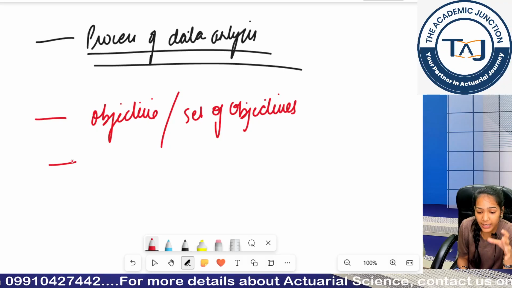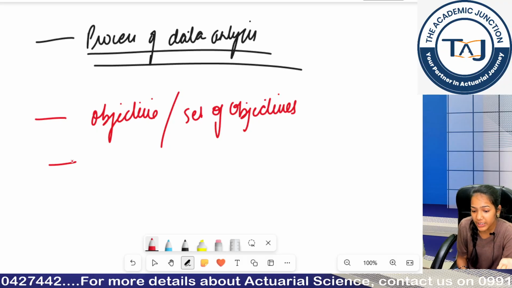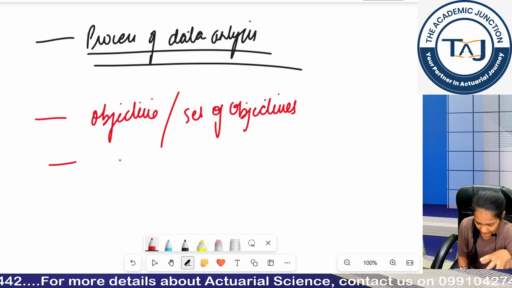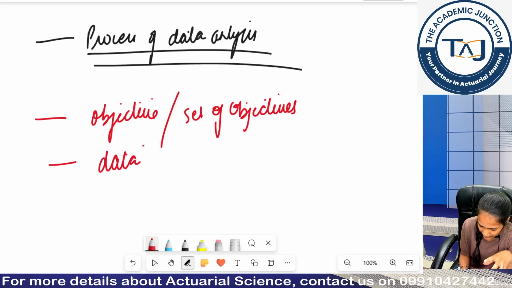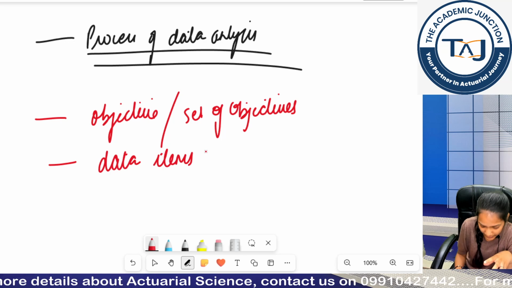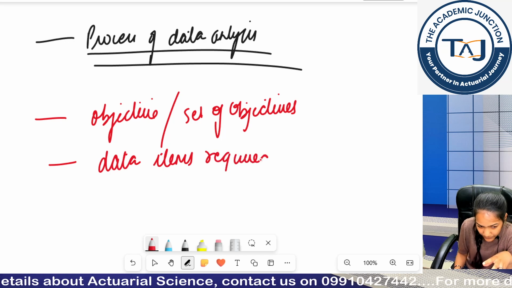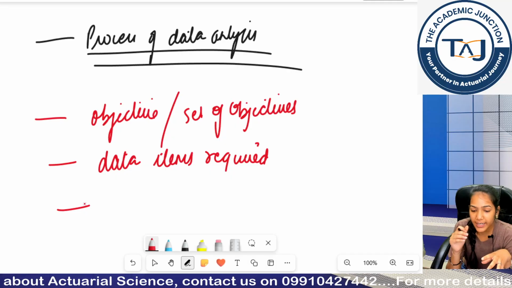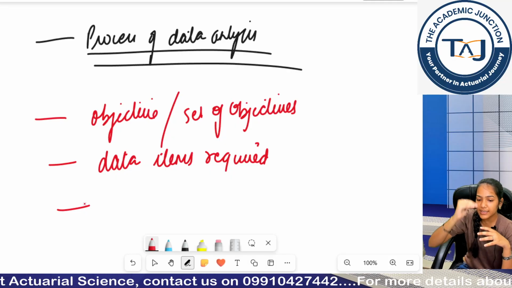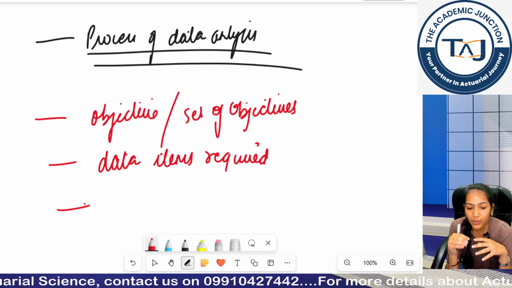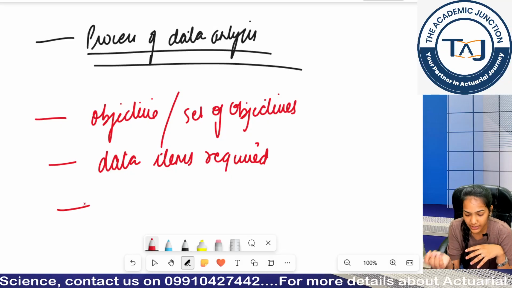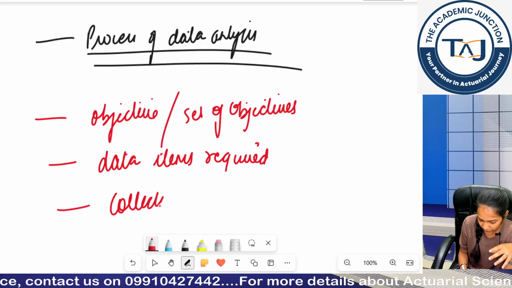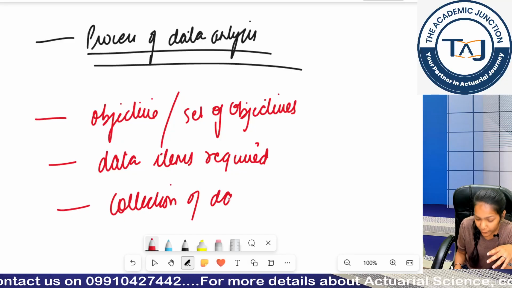Then I think about what data items I actually need to carry out this analysis. So, data items required. Then I think about how I can obtain this data, so collection of data from various data sources.